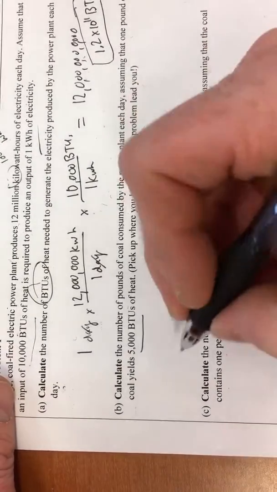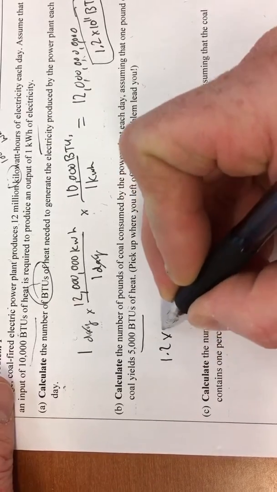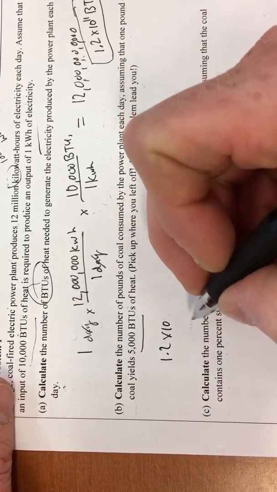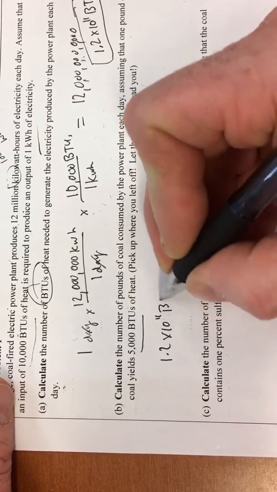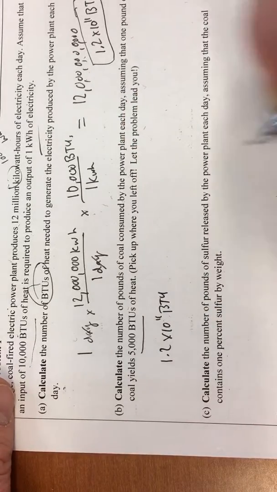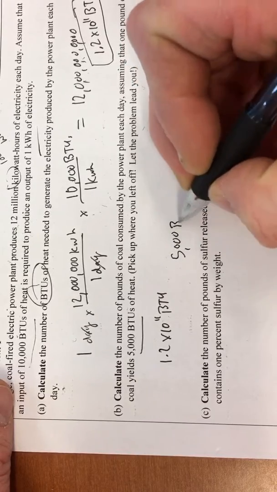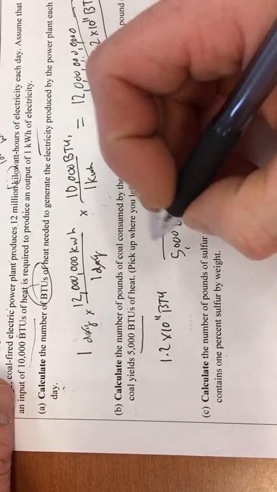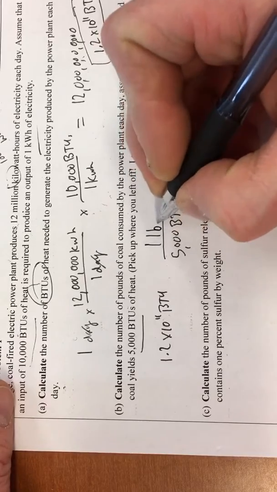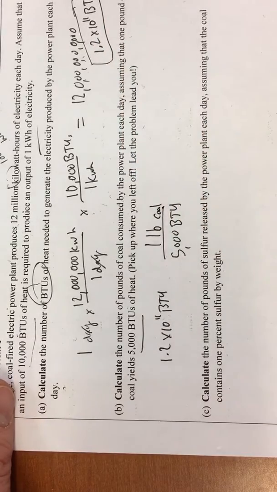So for that, we're going to take 1.2 times 10 to the 11th BTUs, and we know that there's 5,000 BTUs in 1 pound of coal.